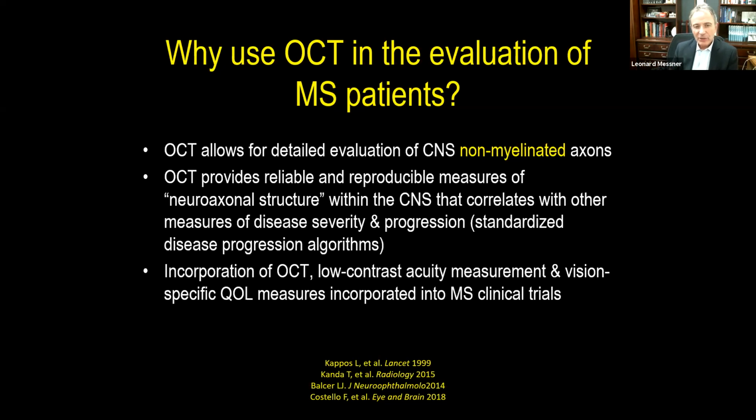So in addition to OCT, things like low contrast acuity measurements are part of the armamentarium, part of the workup, done for individuals with multiple sclerosis on an ongoing basis.